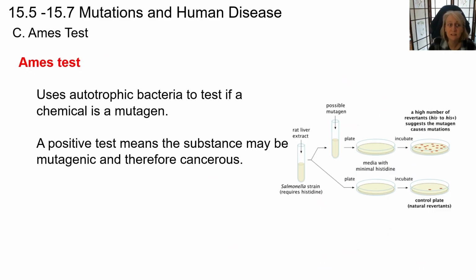The Ames test. I have this listed in a little video, I think, in your homework to go through this. I don't think you need to analyze this as much as the textbook does, but the textbook has an entire chapter on this. I think that the guide that was published in the homework is an excellent overview of this. The Ames test uses a bacteria that is auxotrophic to test if a chemical is a mutagen.